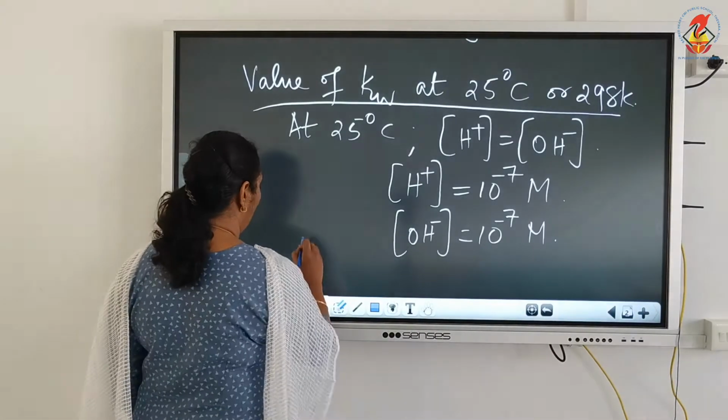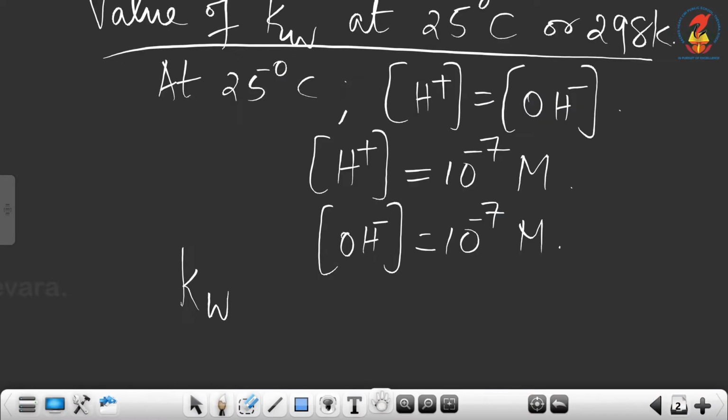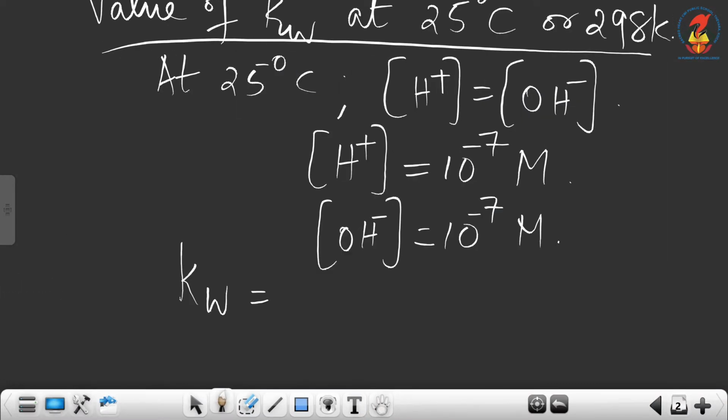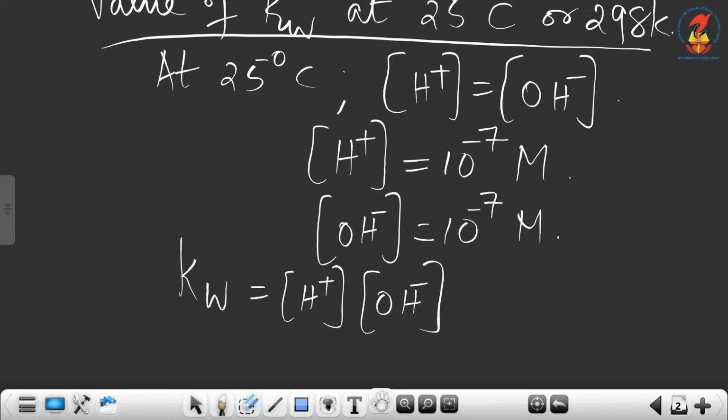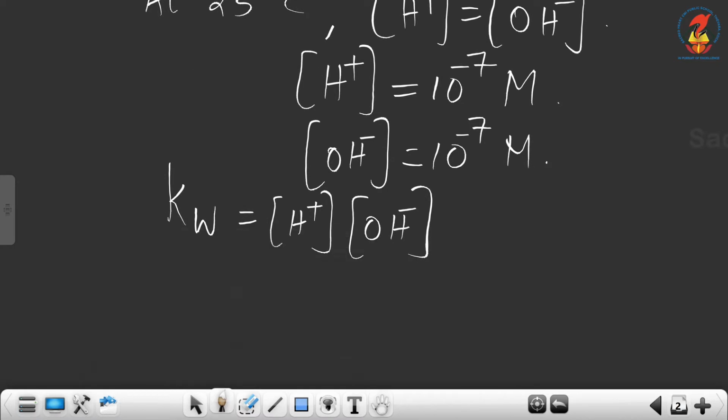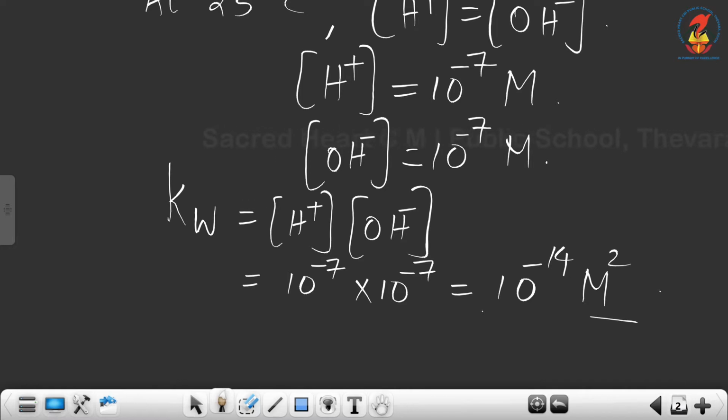Now, we can get the value for Kw. Kw is equal to concentration of H plus into concentration of OH minus, which is equal to 10 raised to minus 7 into 10 raised to minus 7, which is equal to 10 raised to minus 14 molar square, capital M square.